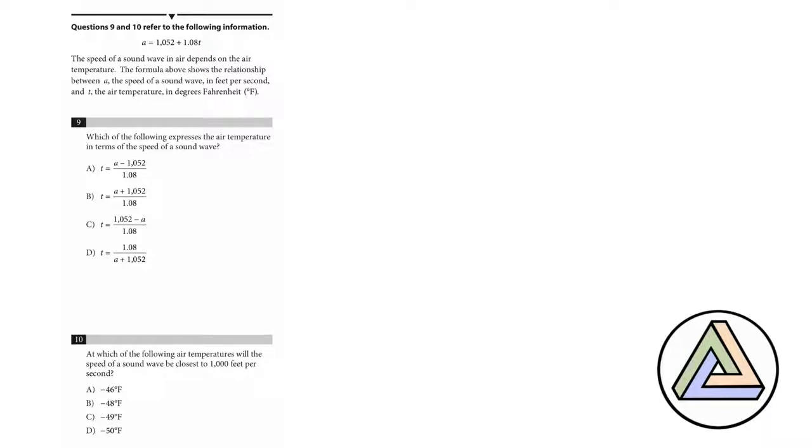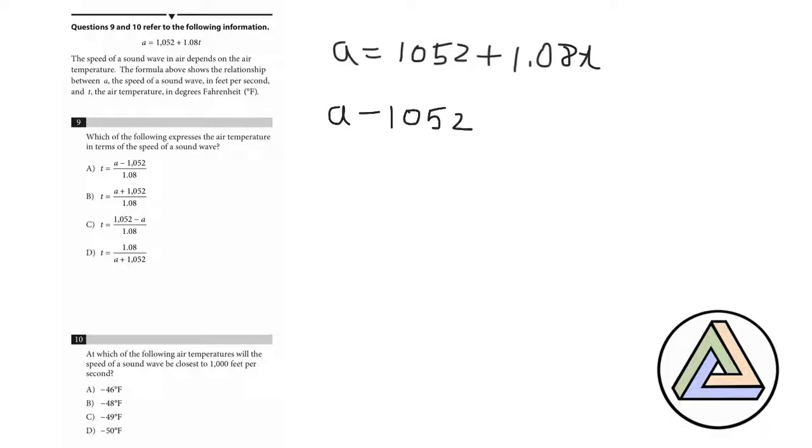Well, I'll rewrite this equation. It looks like A equals 1052 plus 1.08T. Solving for T, let's at least get this term by itself. We're going to subtract 1052 from both sides. That's going to give you 1.08T. And then in order to get T by itself, all you have to do is divide both sides by 1.08.